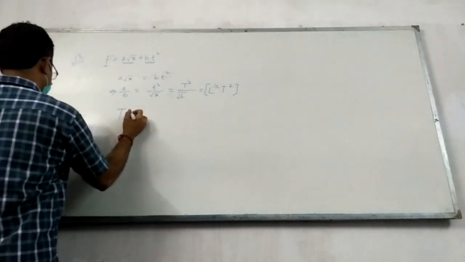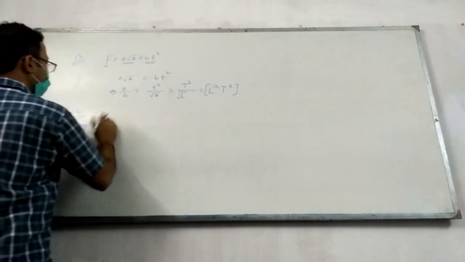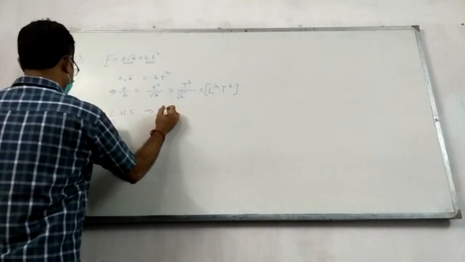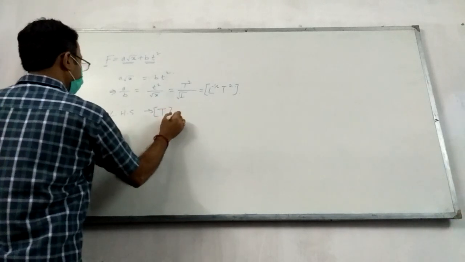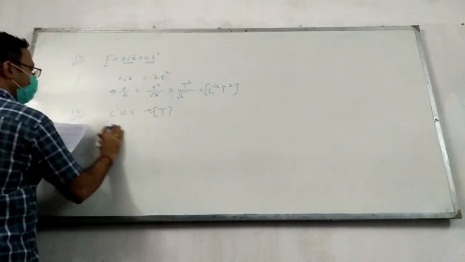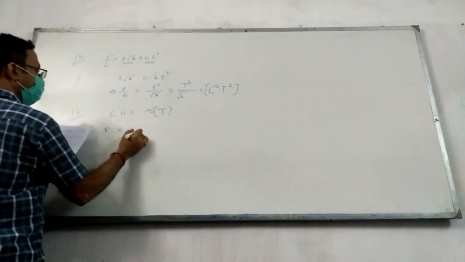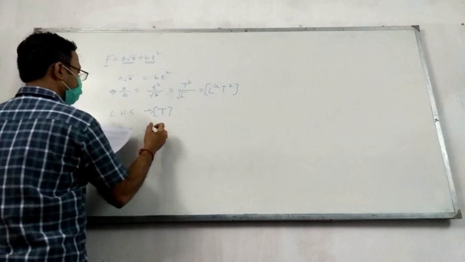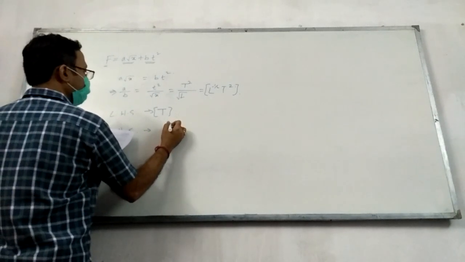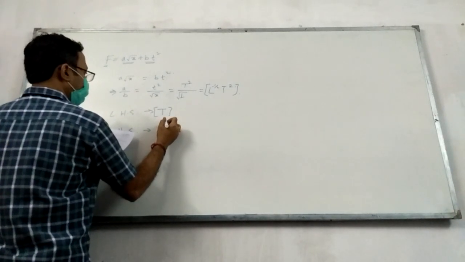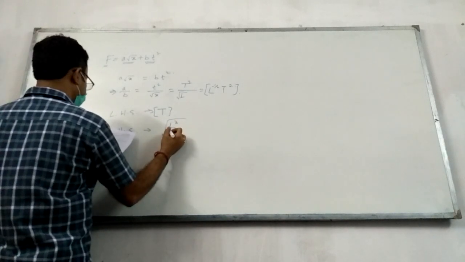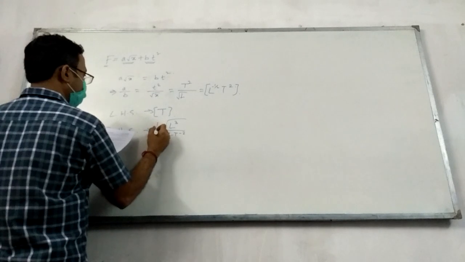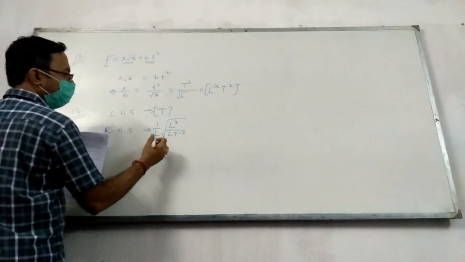the LHS dimension is T, just T. Now in the RHS put the values. 2 pi is dimensionless and R cube is L cube, divided by G, which has dimension L cube M to the power minus 1 T to the power minus 2, and 1 by R is also L to the power minus 1.